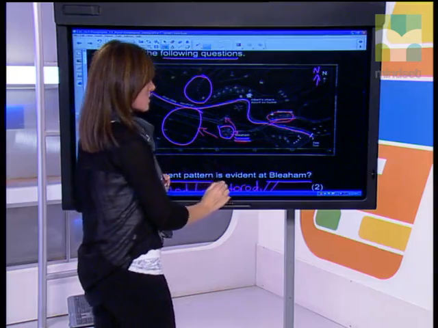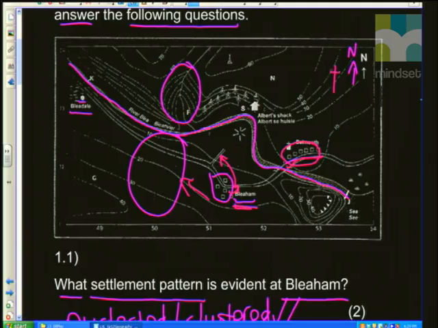We also notice that if this is the north direction, this particular slope is facing north. This slope over here is facing south. So when we did microclimates last term, you needed to remember that in the southern hemisphere, north-facing slopes face the equator where it's hotter. So north-facing slopes receive direct sunlight, which means those slopes are going to be quite a lot warmer.